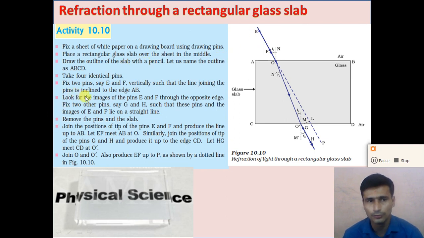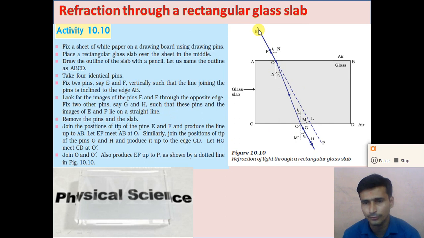So look for the image of the pins E and F through the opposite edge of the glass slab and fix the other two pins G and H such that all four pins lie in a straight line, right?